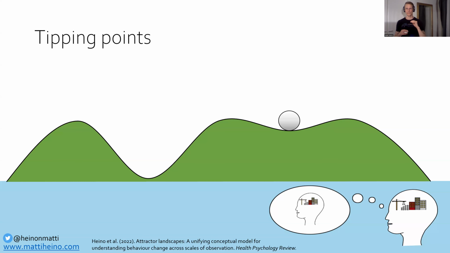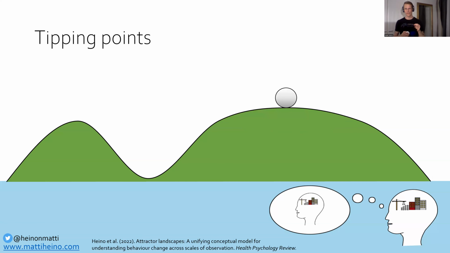So this is a more resilient attractor than this one. And resilience in this context means how much it takes to push the system to a new state. And then if the system changes this much, you would be in a situation where you could very easily push the system to the other attractor.